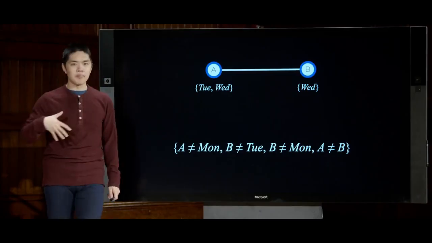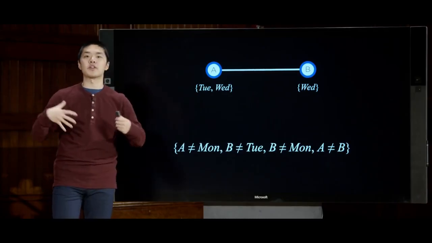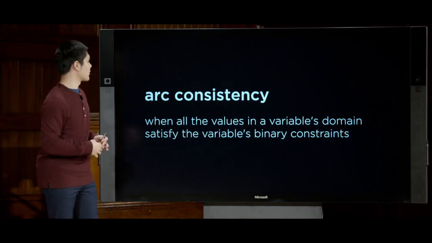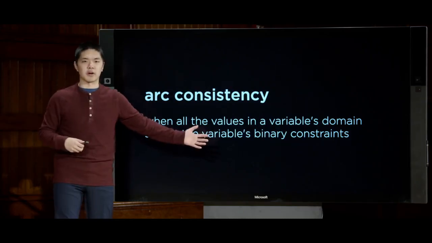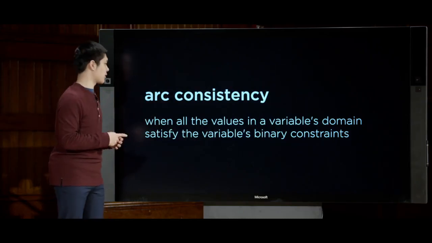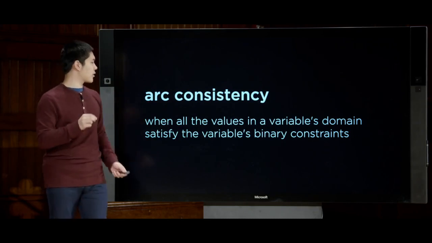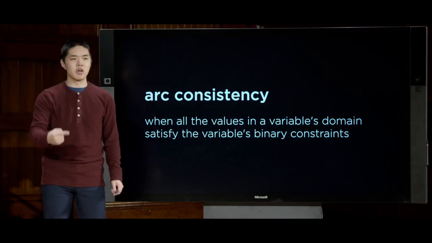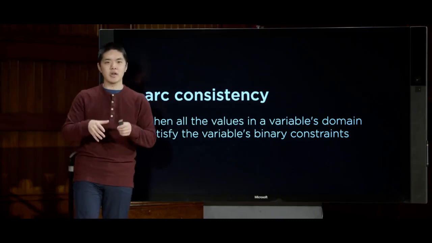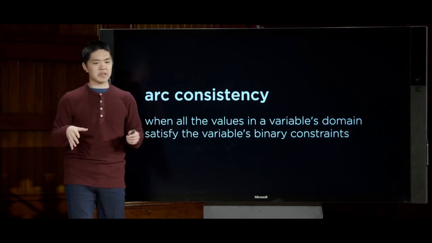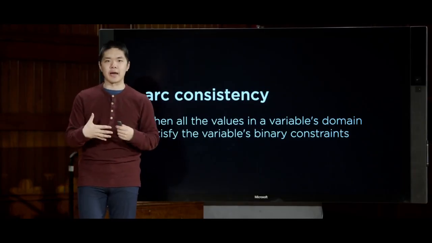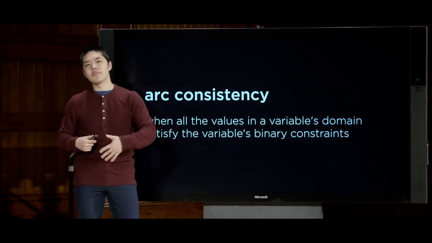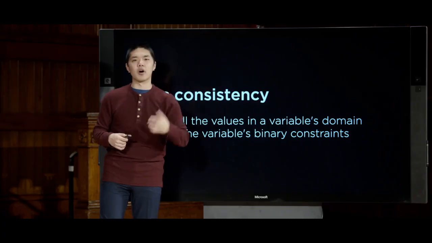Where things get a little bit more interesting is when we consider different types of consistency, something like arc consistency, for example. Arc consistency refers to when all of the values in a variable's domain satisfy the variable's binary constraints. So when we're trying to make A arc consistent, we're no longer just considering the unary constraints that involve A. We're trying to consider all of the binary constraints that involve A as well.